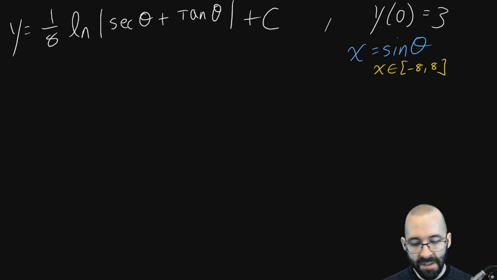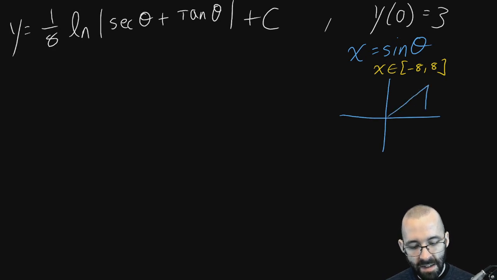Okay, so theta is going to be either positive or negative. We don't know. We do know that this guy is going to be positive, but we don't know whether tangent's going to be positive. But I think we can take care of that in how we set this up.